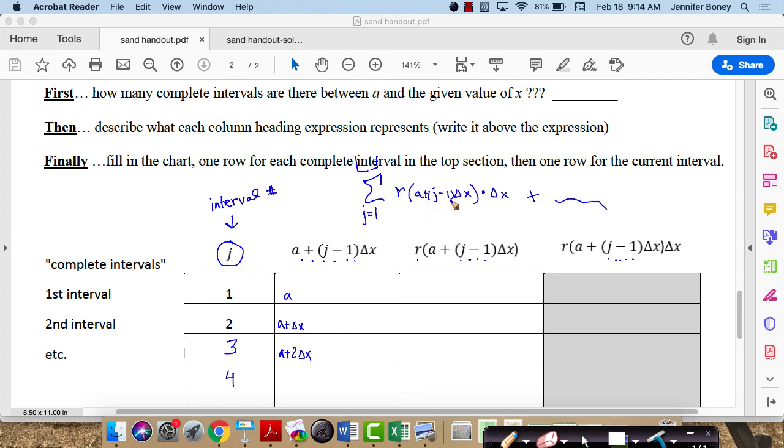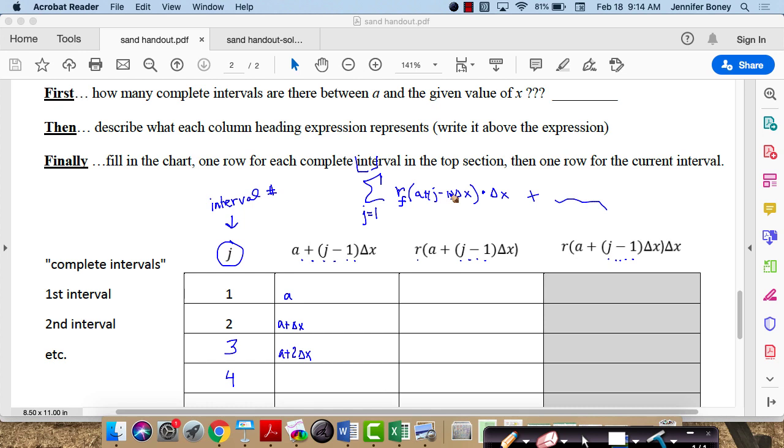So this a plus j minus 1 delta x is used in the sum as the places where we evaluate the approximate rate function. Or, since it's only actually at the left end of intervals, it could be r sub f also. It could also be places where we evaluate our exact rate function, because at the left end of intervals, the way we've constructed this, those have the same value.